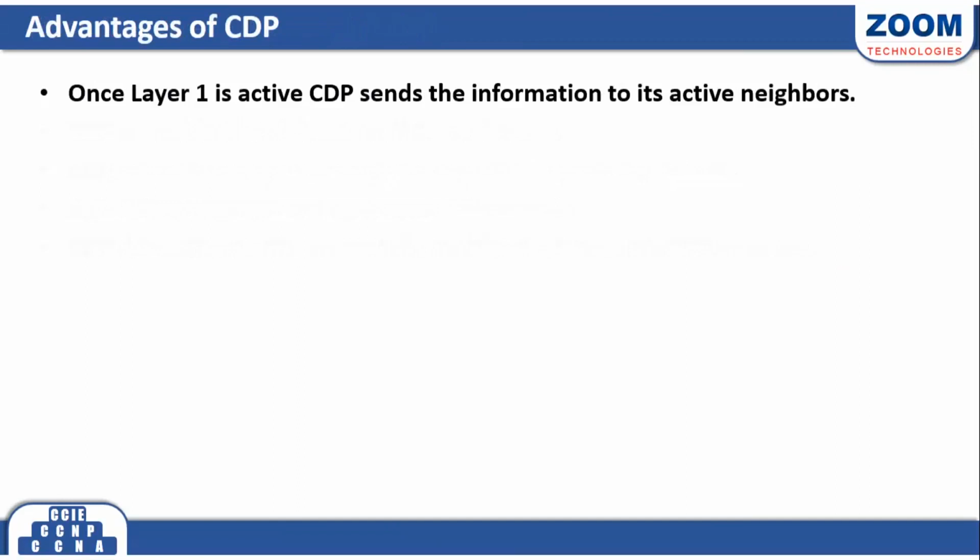So what information is advertised? Advantage of the CDP protocol: once layer 1 is active, CDP sends information to active neighbors.